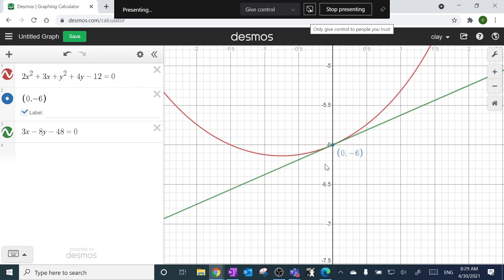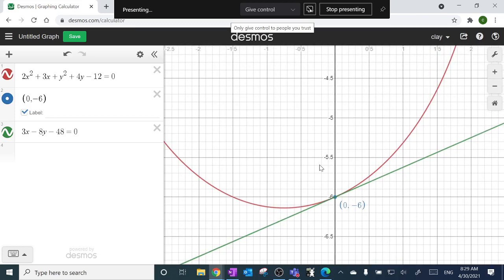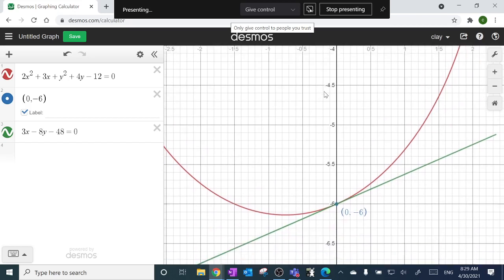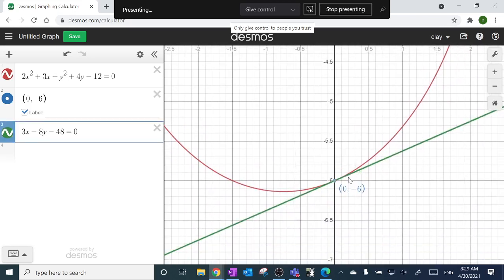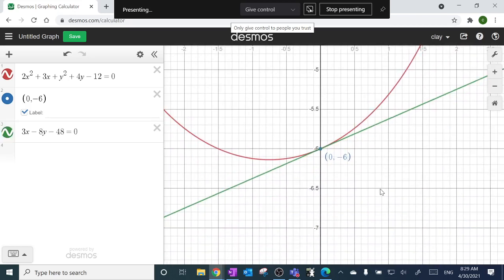There are graphing calculators out there, and online free ones, that can do implicit differentiation for you. I think the Wolfram Alpha one can, but they're a little less user-friendly than Desmos, so I kind of like using Desmos. Feel free to shop around, though, if you're just looking for something to help you with homework, or you're in a physics class somewhere and you need to find the derivative of something using implicit differentiation and you need to check to see if you've done it right.